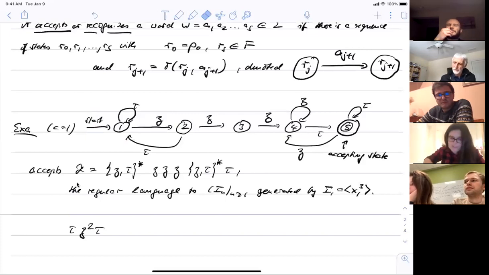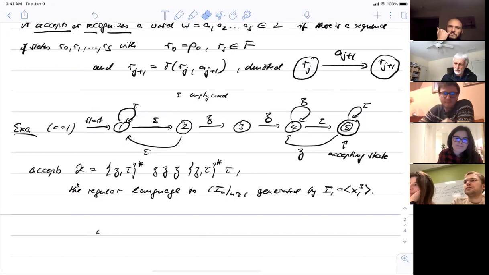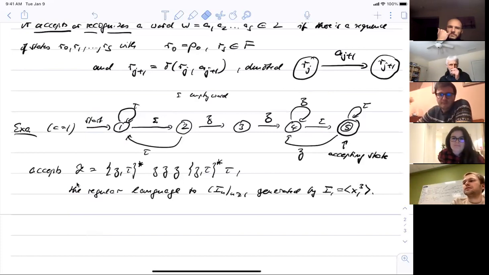But then you would have one extra state, 1, 2, 3, 4, 5. For now, I would need an epsilon corresponding to the empty word. And that's not completely satisfactory. You can always get rid of it, but I don't want to do it on the fly because I messed up already once. I have to think about this.